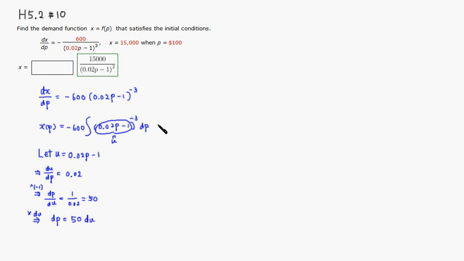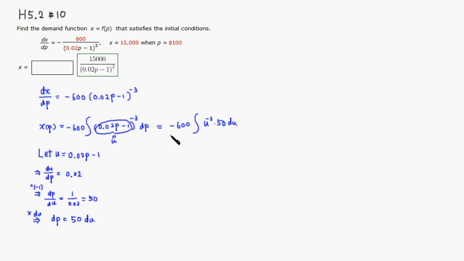Alright, so I'll put that in. Everything should be written in terms of u. So the negative 600 is still there, and still you have an integral. Now we have just a u to the negative 3 power. Then dp is the same thing as 50 du.